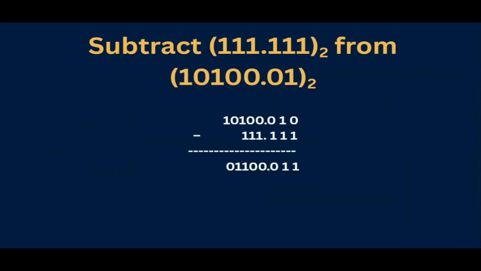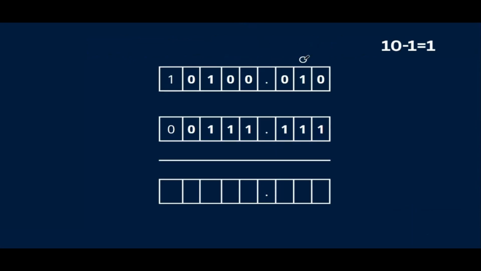Now we shall try to subtract 111.111 from 10100.01. Let's start with the LSB. So this number 0 is less than 1.